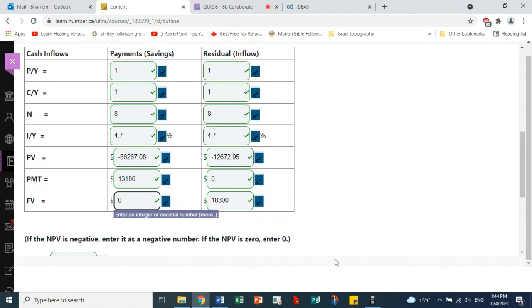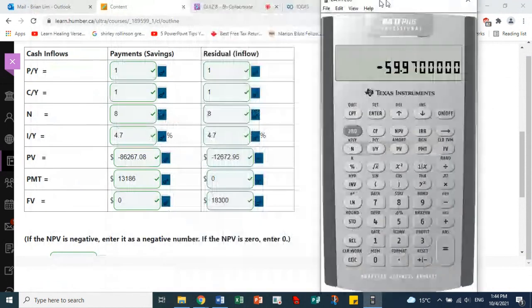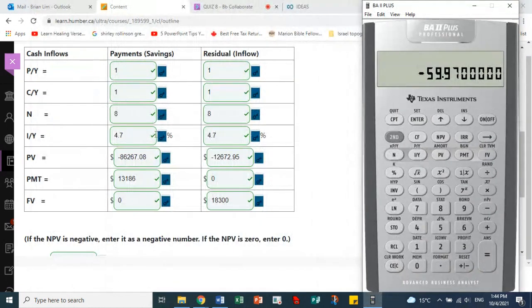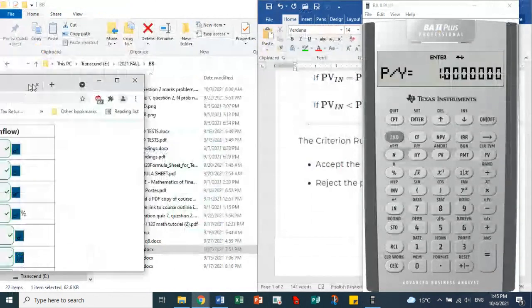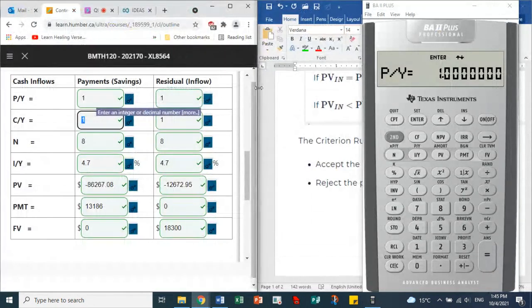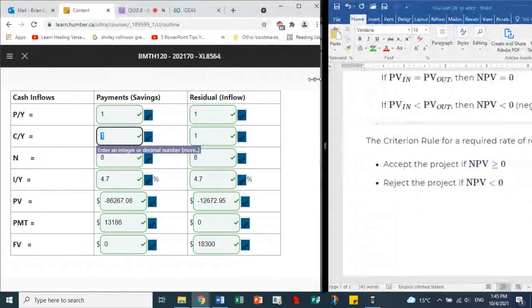Instead of 0, we put 18,300. All right, so we have to get the calculator, of course. So we go back to this format here. We have 1 and 1 for the PY and CY. All right, let's get it over here.